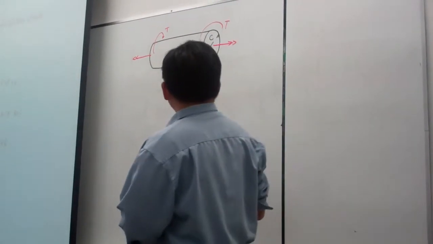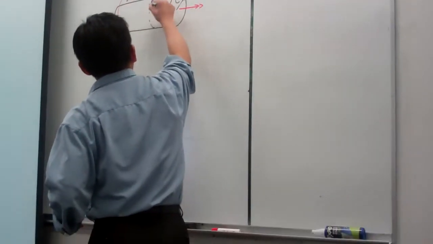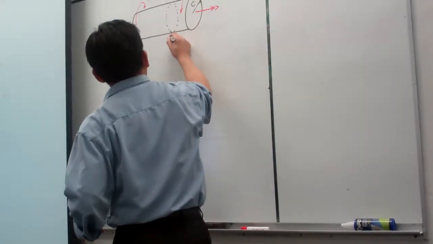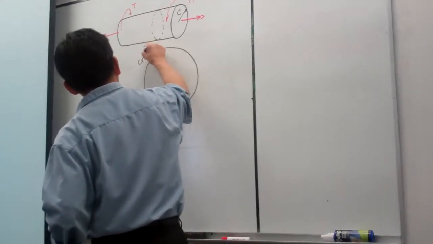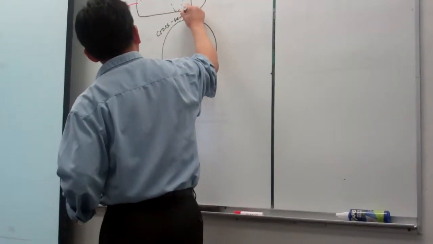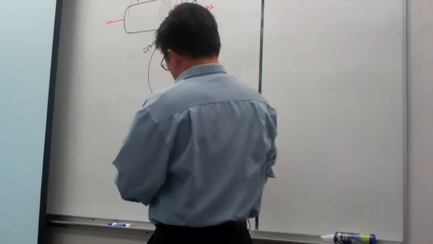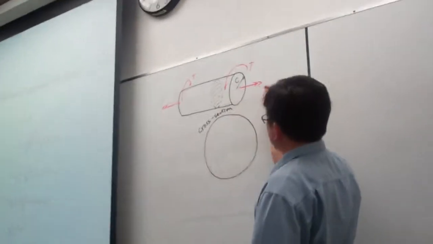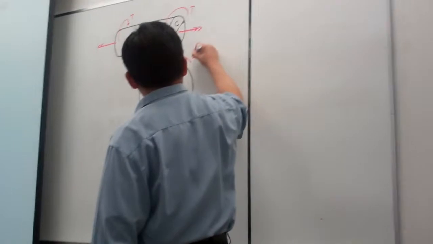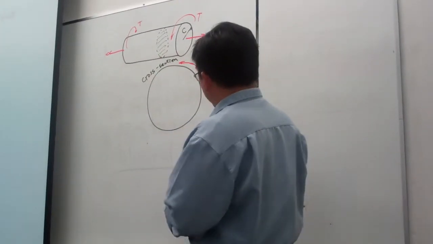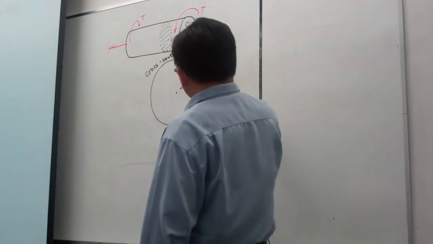Under these situations, if we take a cross section, let me draw the cross section here. Looking from this viewpoint, the torsion will be applied in these orientations, and on this cross section we can display the distribution of the stress.